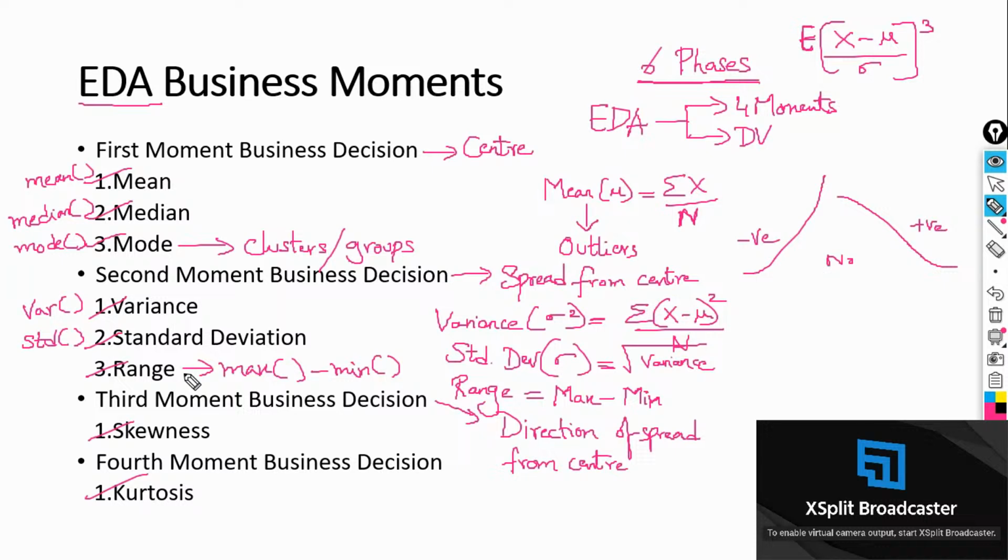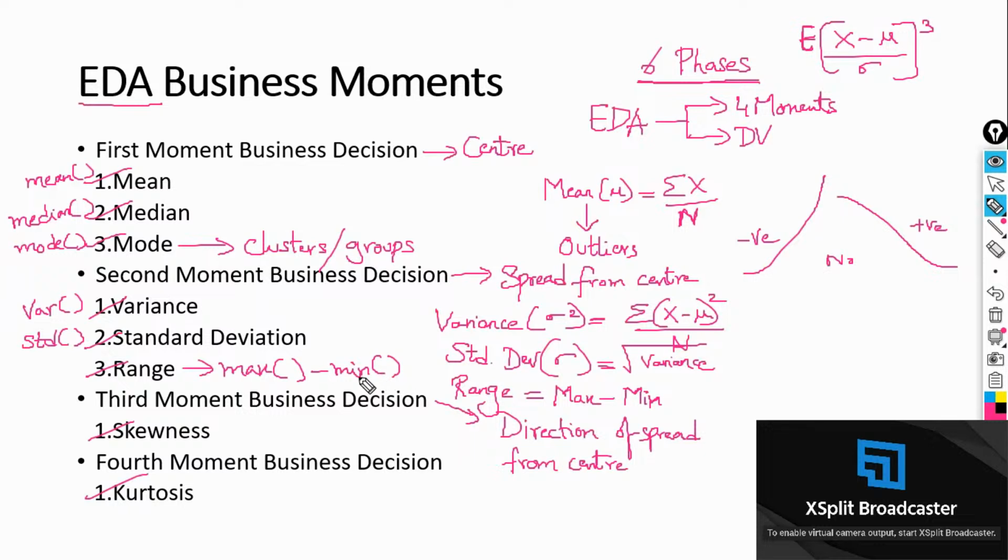For getting the range of the data, we are supposed to use maximum minus minimum. The max function will calculate the maximum value of the data. The min function will calculate the minimum value of the data. Good.